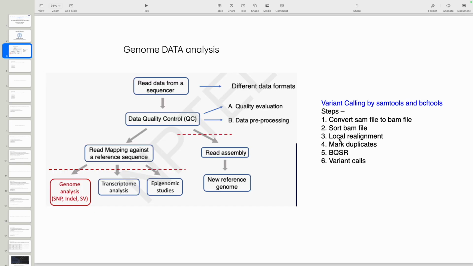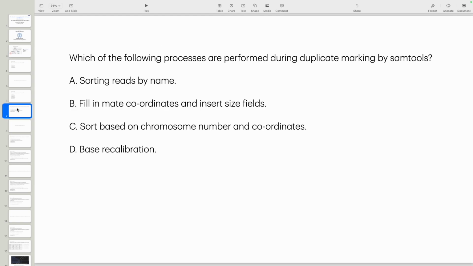After the local realignment, we mark the duplicates, and in this question, what is asked is which of the following processes are performed during duplicate marking by SAMtools.